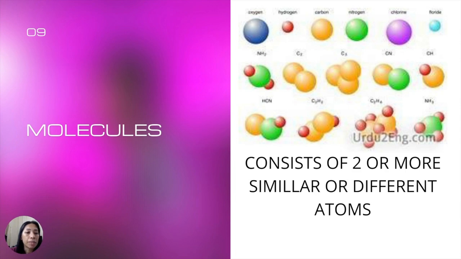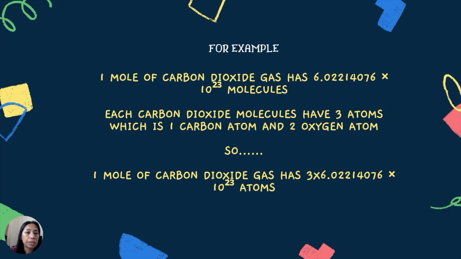Now we have an example. We take the example of carbon dioxide. 1 mole of carbon dioxide gas has 6.02214076 times 10 to the power of 23 molecules. This value will be given, meaning that you need to memorize this value.